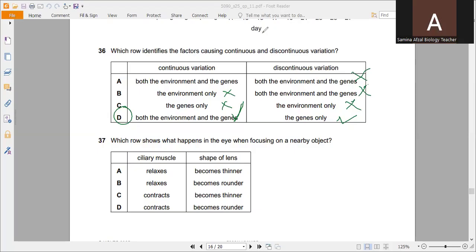The ciliary muscles will contract, and the shape of the lens will become rounder because the object is nearby. So according to this, A, B, and C are not the correct options. Only D is correct for the effect when I focus on a nearby object.